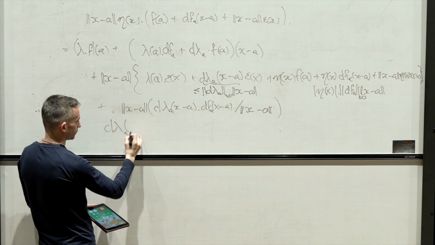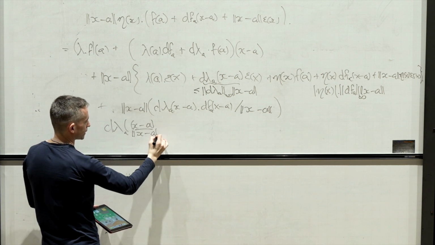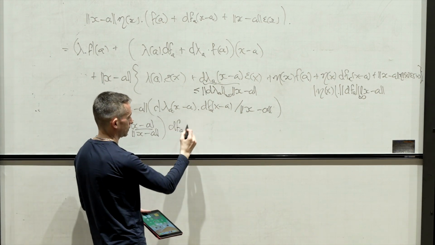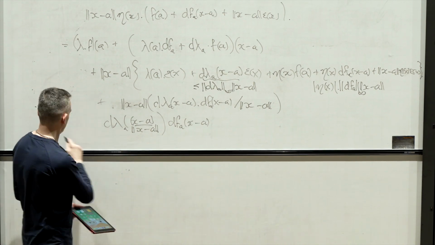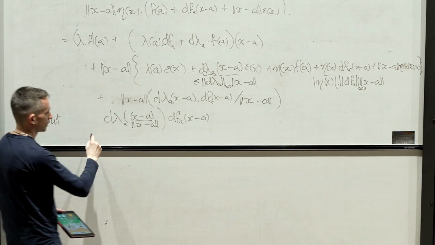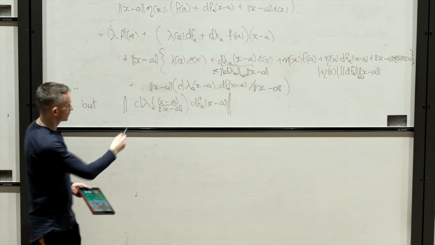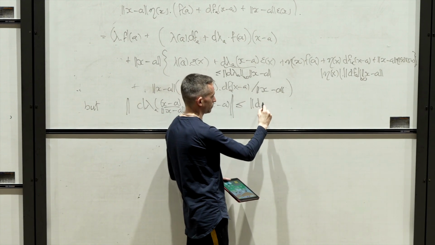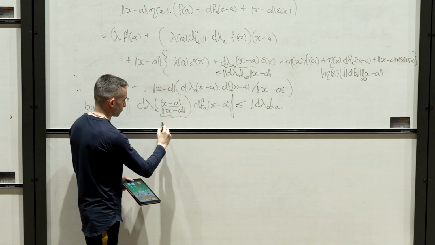But I can look at, for example, just put the norm of x minus a inside one of the two linear factors, and you get this. So the norm of this is bounded here by just the supremum norm of lambda, because this vector has norm 1.